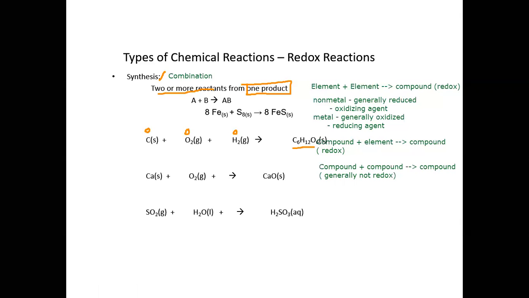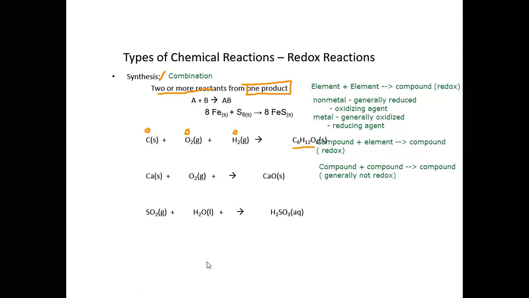And then lastly, we have SO2 plus H2O gives us H2SO3. Here we have two compounds gives us one compound. Since they're both compounds, there's no change in the oxidation number.